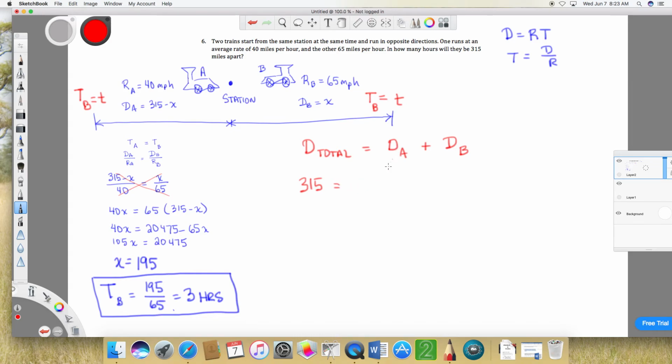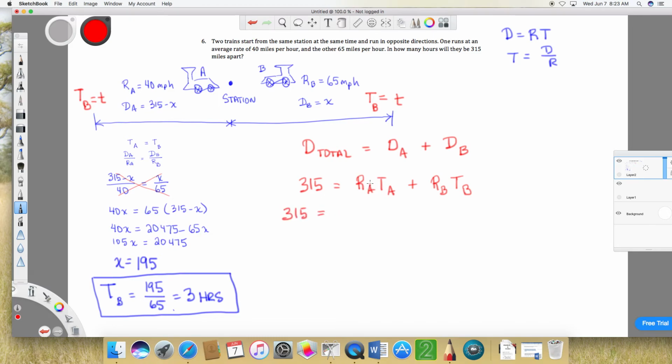And I know that distance is rate times time. So the distance of train A is the rate of A times the length of time that train A was on the tracks. And the distance that train B traveled is the rate that train B is traveling at times the length of time that train B was on the tracks.